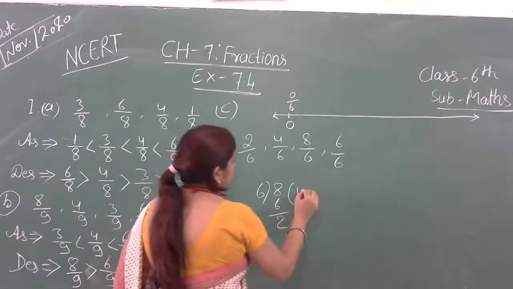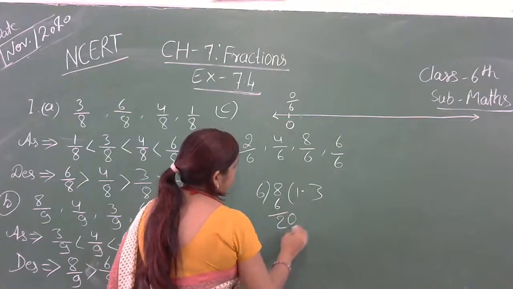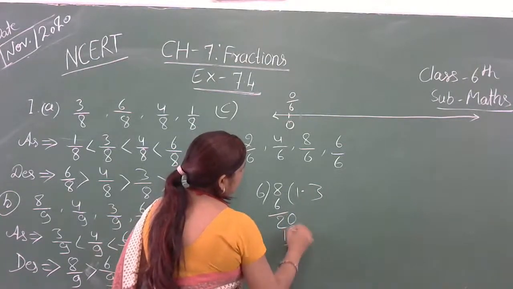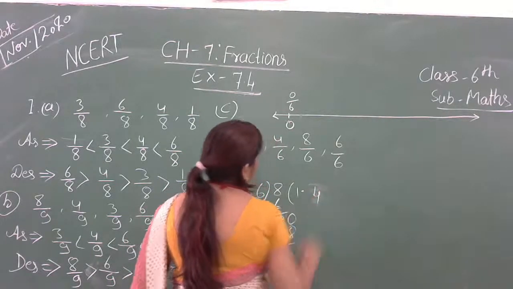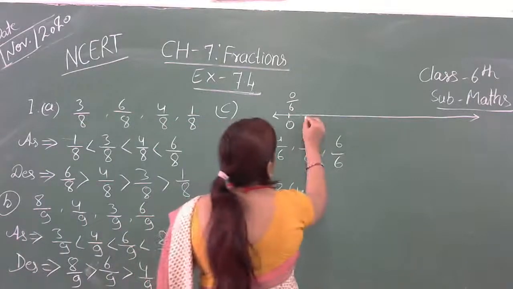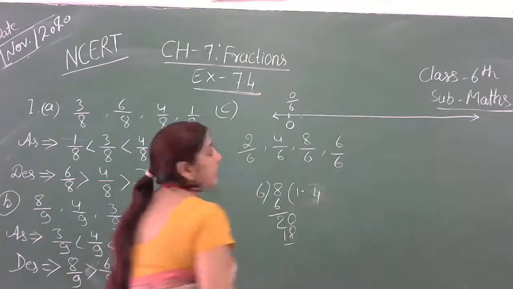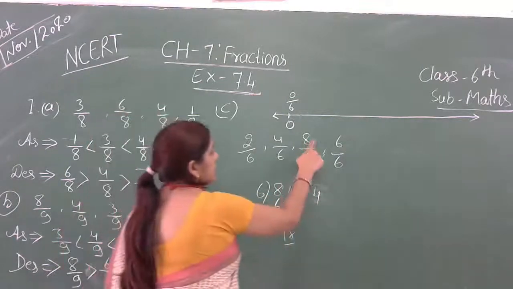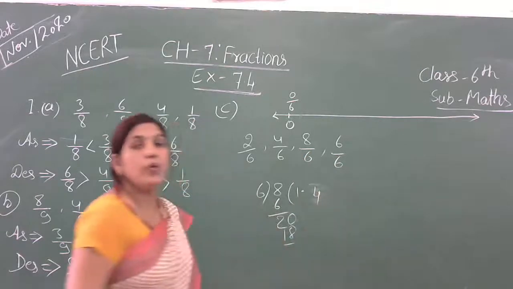6 threes are 18, again 2, so you have to write it as about 1.4, like this. So first you divide this line into 8 equal parts because this is the numerator. And 6 upon 6 means equal to 1.